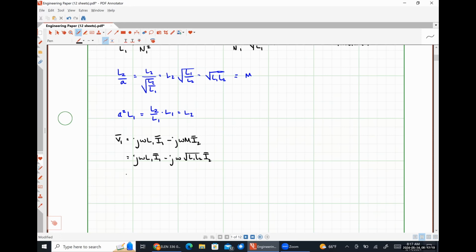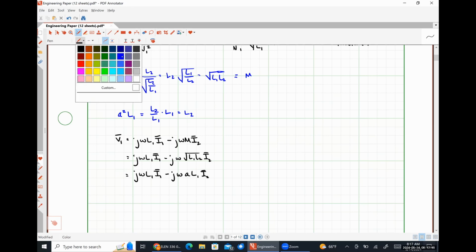We could go on a little bit further and write this as j omega L1 I1 minus j omega A times L1 times I2. So we might need to prove that really quickly.